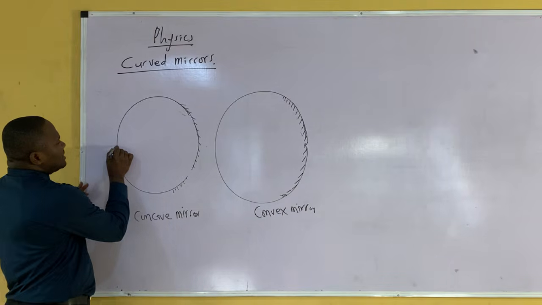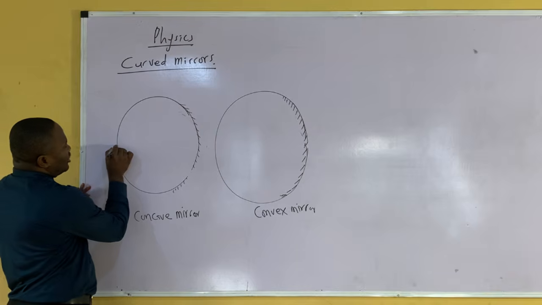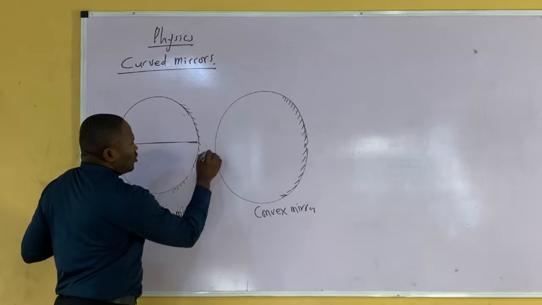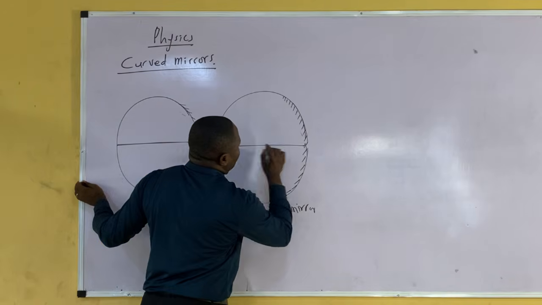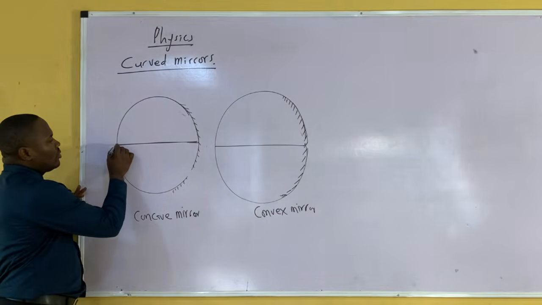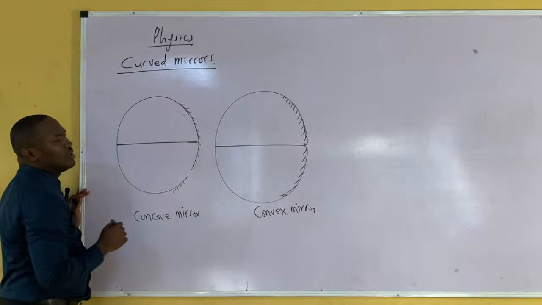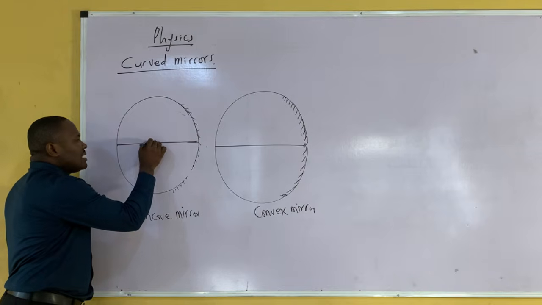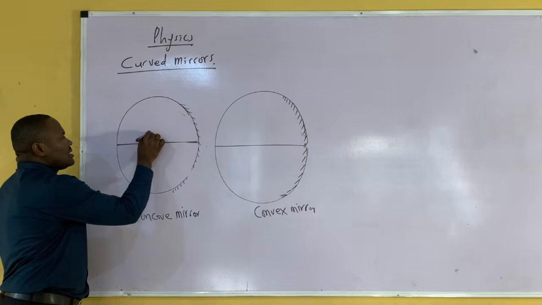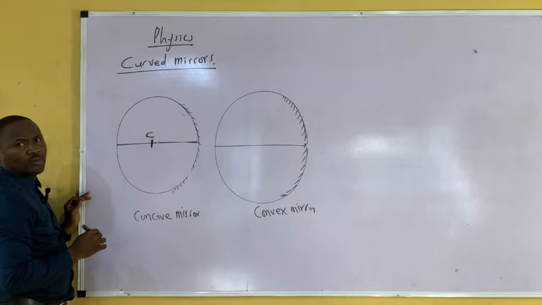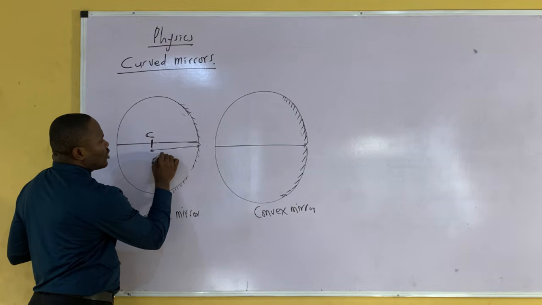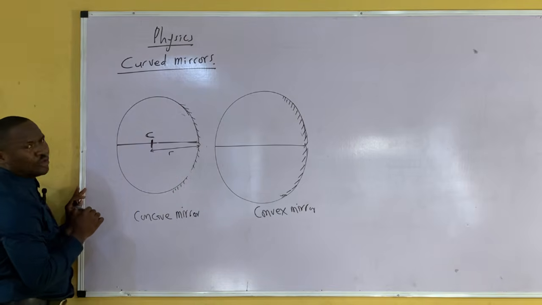Now, the diameter of this sphere is drawn like this. This is the diameter of this sphere, and so also is the diameter of this sphere. Remember that in a circle, if this is the diameter of this hollow, the center of it is called the center of curvature, and the distance from here to this point is called the radius of curvature.